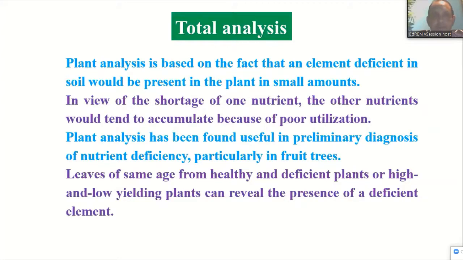So in view of shortage of one nutrient, the nutrients would tend to accumulate because of poor fertilization. If we do poor fertilization, at that time nutrient shortage will be seen, we can see the nutrient shortage in the plants or plant parts, and plant analysis has been found useful.